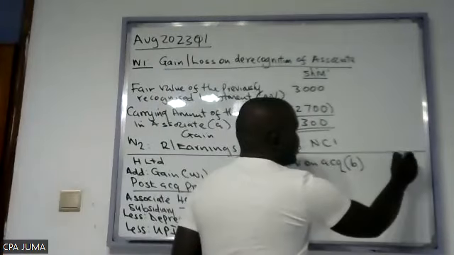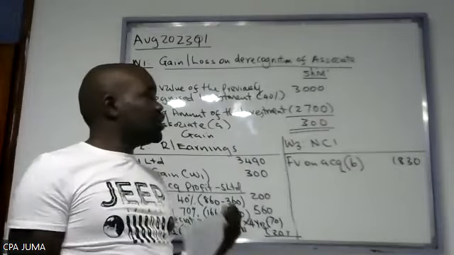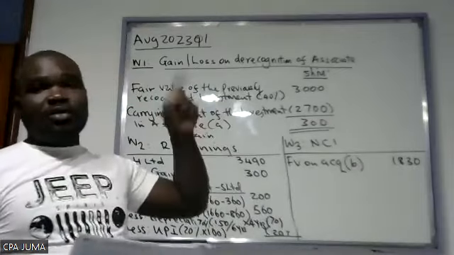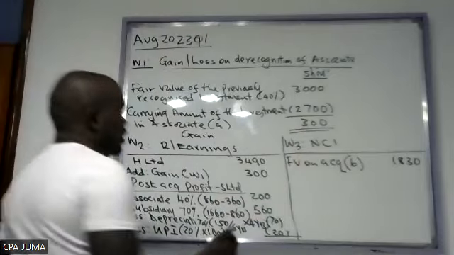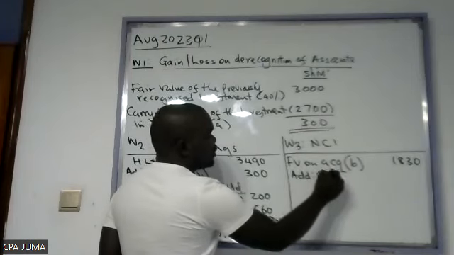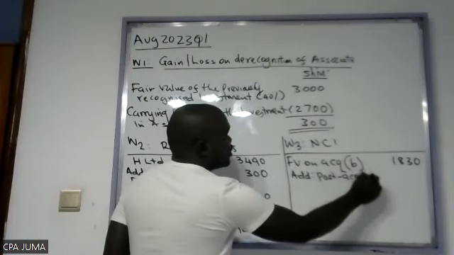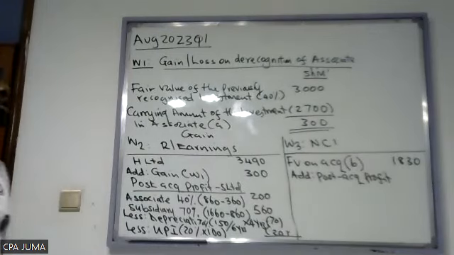So fair value of minority on acquisition, they never gave it directly, but we did that computation. So check where we did the goodwill computation. We got 1830. Then you just add post-acquisition profits.